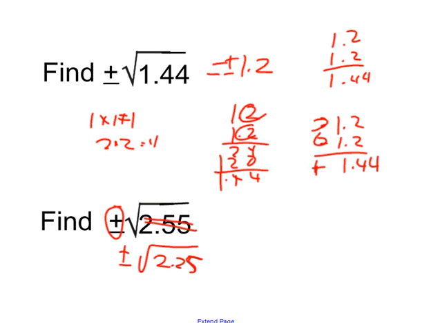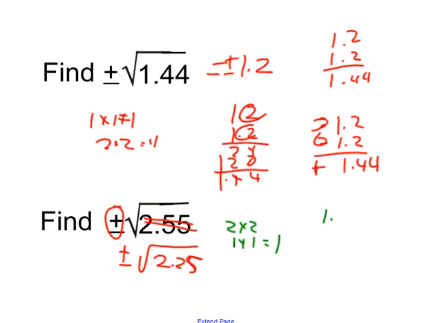Looking at that, 2 times 2 would be 4. That's too big. 1 times 1 is 1. That's too small, so it's going to be between 1 and 2. I'm going to try the number 1.5.